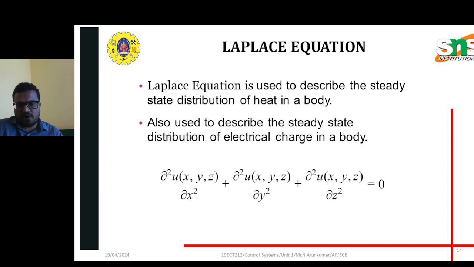It is written as dou square u of x y z by dou x square plus dou square u by dou y square plus dou square u by dou z square. Other variables may be present in this Laplace equation, so based on the variables, the general equations have to be followed.